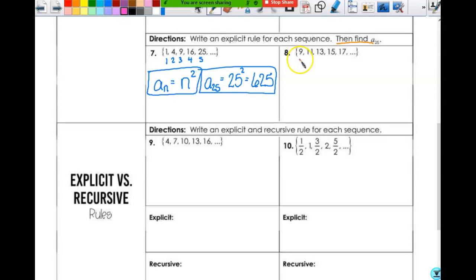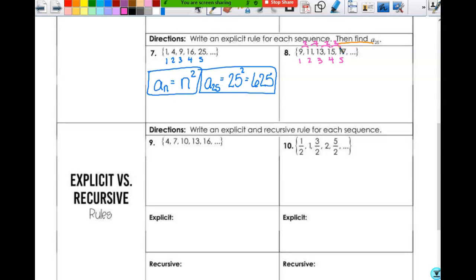So my term numbers are 1, 2, 3, 4, 5. And this time I am adding 2 each time. Right? That constant that you're adding tells you that you have to multiply your term number by that number basically. So I'm going to have to double my term number and then do something to it.